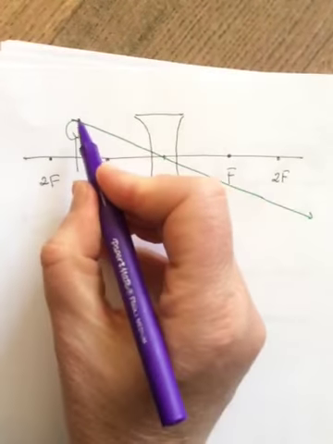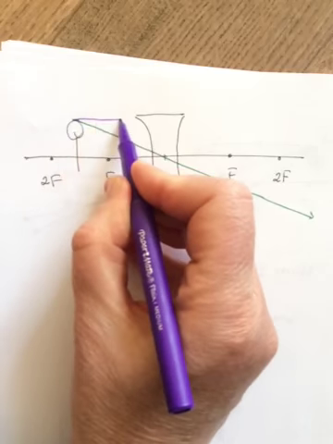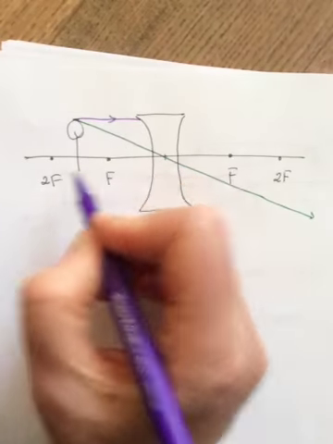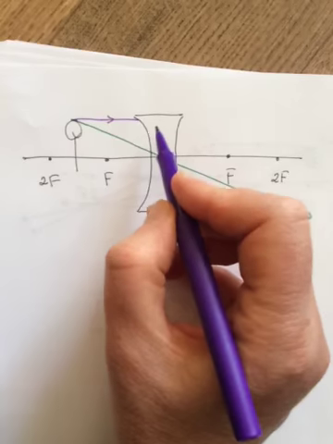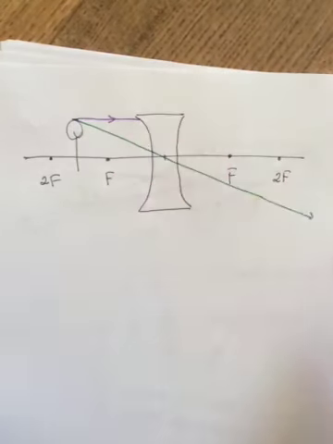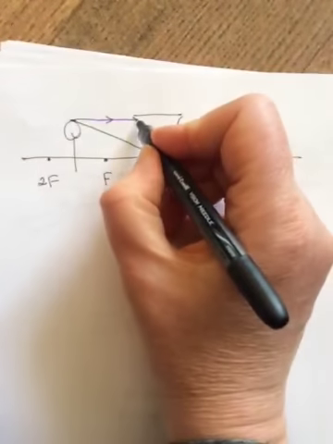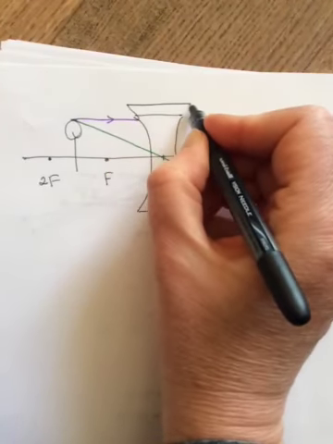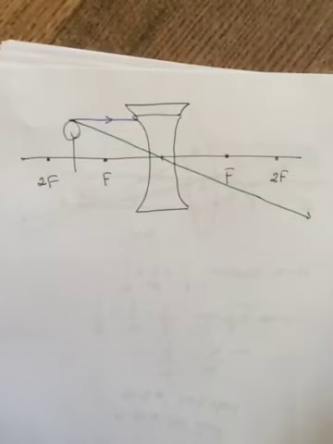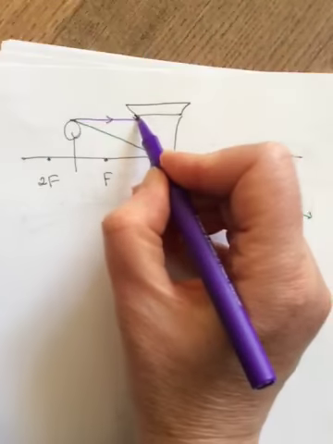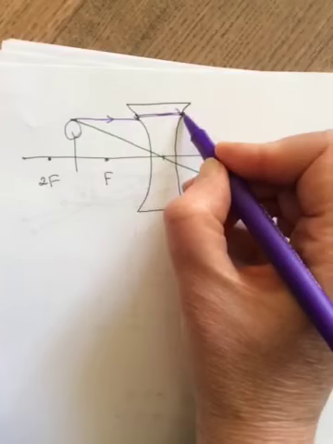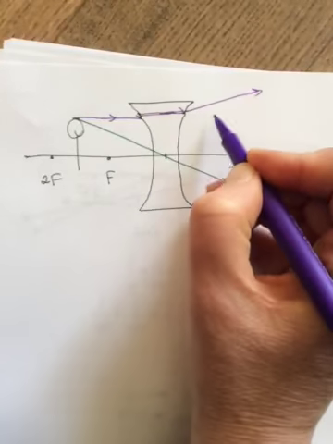A ray going in parallel to the principal axis is going to get refracted in such a way, and I need a bigger lens here, I made my object too high. It's going to bend up, and it's going to go up like this.